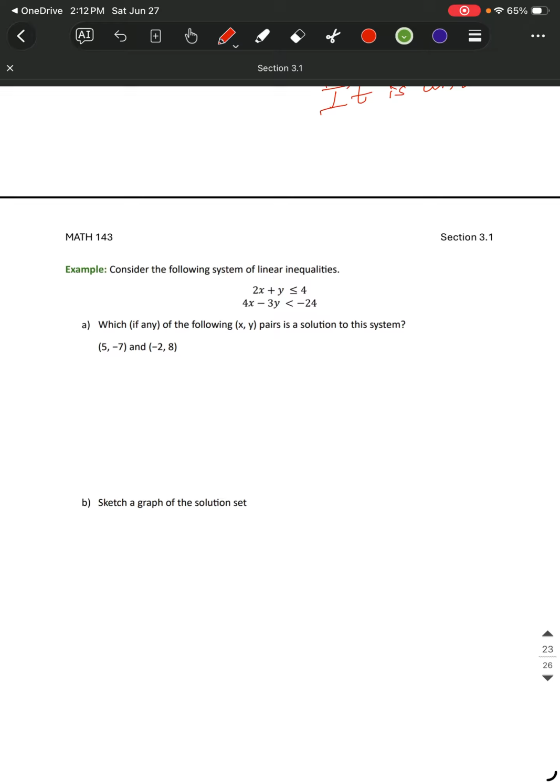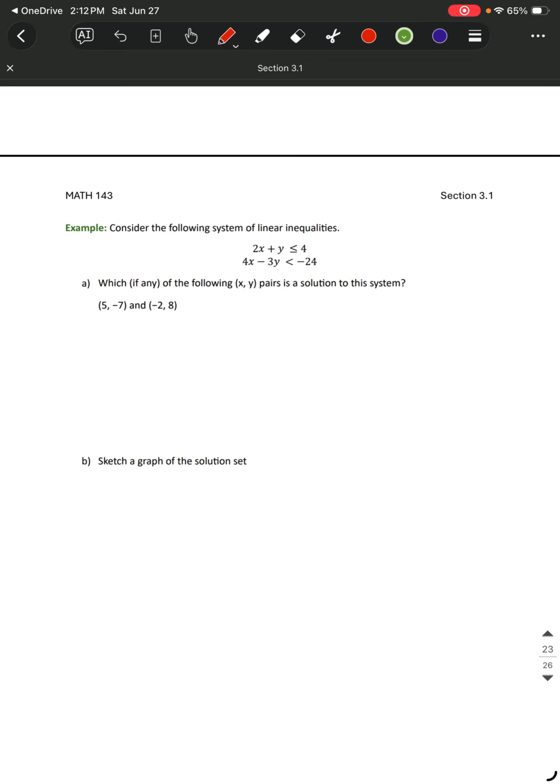Here you can see the example. Consider the following system of linear inequalities. 2x plus y less than or equal 4. 4x minus 3y less than negative 24.